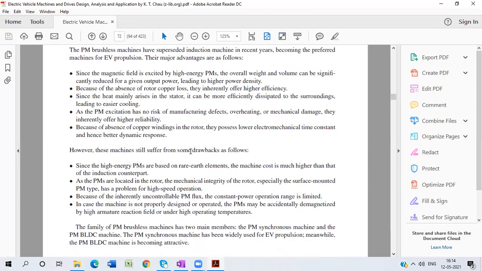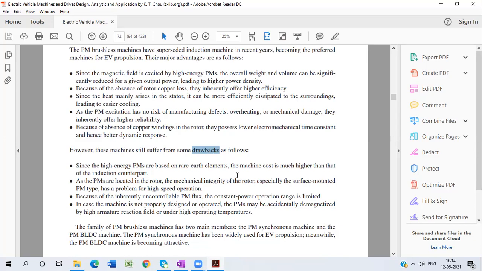And it also has some drawbacks. It may be asked what the drawbacks are. We can ask why this PM machine is not used for the constant power operation range. You have to know that with permanent magnet materials the flux is uncontrollable. So the constant power operation range is limited, because if you want to go for a wide range of operation, then the flux should be varied.